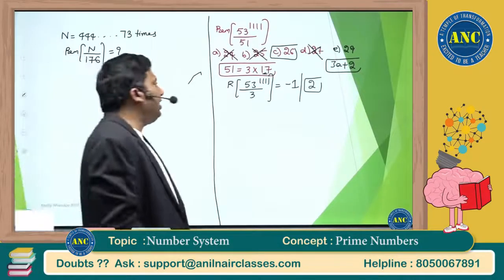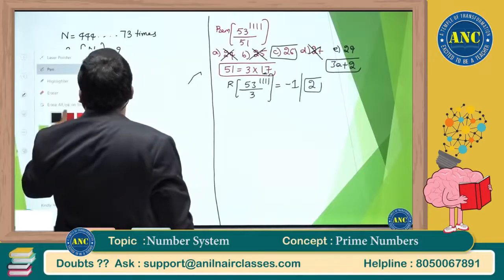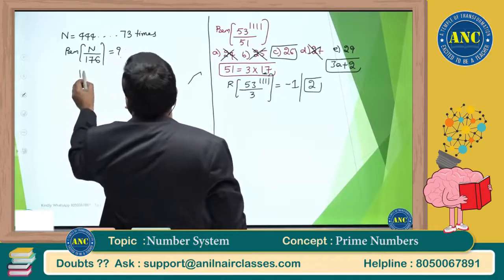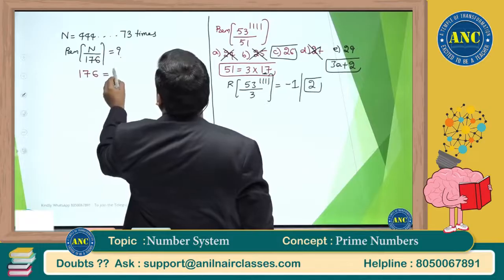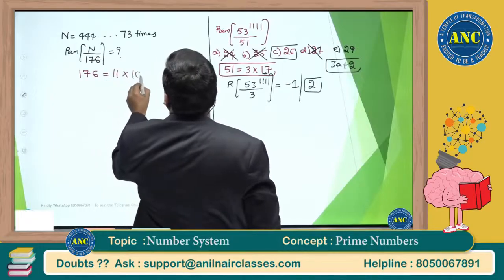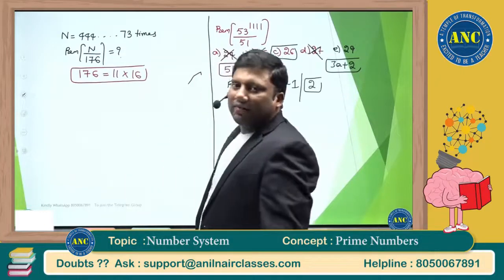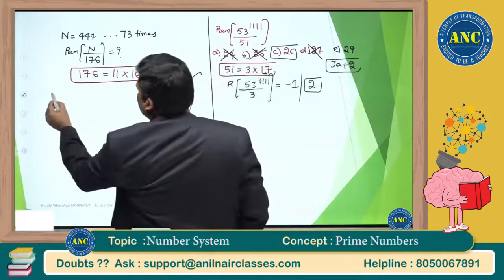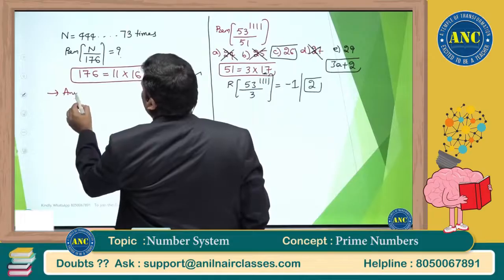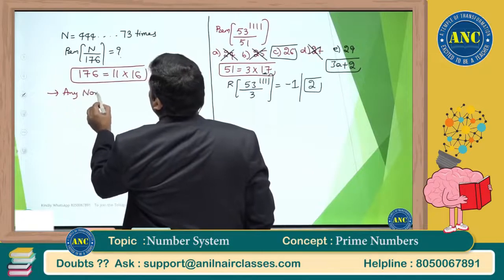The remainder when n is divided by 176. 176 is a composite number which can be written as 11 into 16. What is the same concept as the divisibility rule for 7, 11 and 13?